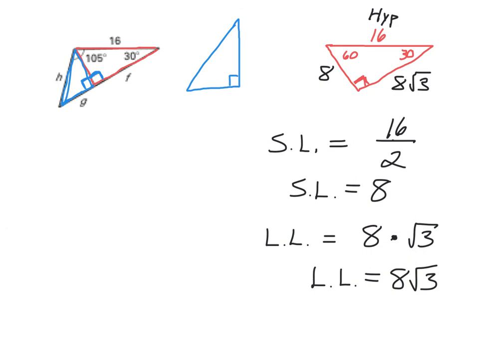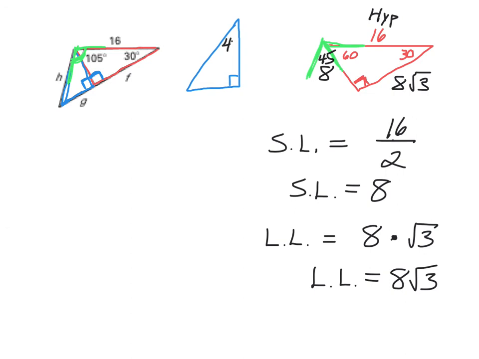I'm also told that the big angle at the top is 105. Well, I already solved for part of that. That was the 60 over here. So that means the other piece that I haven't solved for yet that adds up to 105 has to be 45.